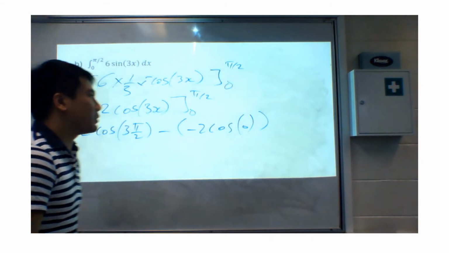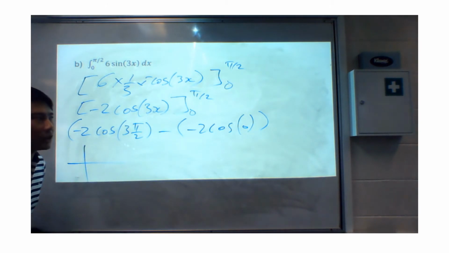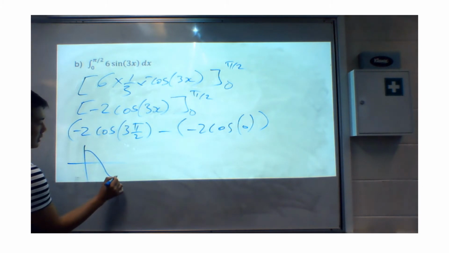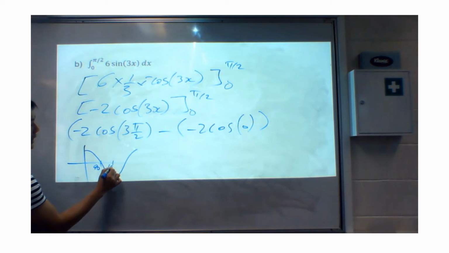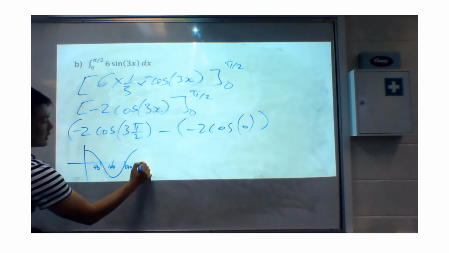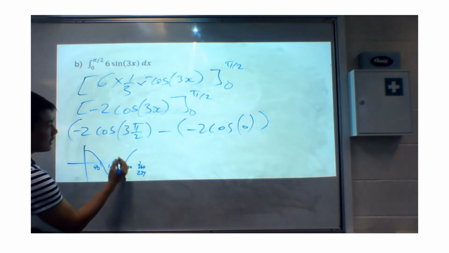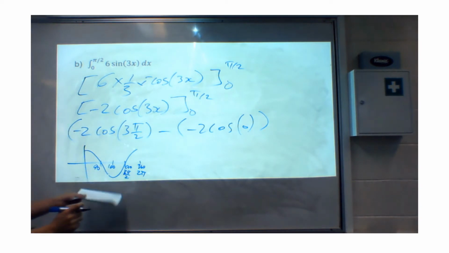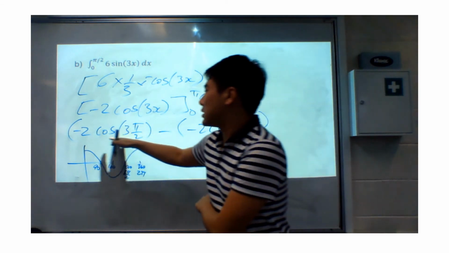Or if you think in radians, maybe you can just plot yourself. What does a cos curve look like? Well, cos starts here, and it goes back up here. This is 90 degrees, this is 180, this is 270, and this is 360. And we know 360 is just 2 pi. This will be 1.5 pi, which is just 3 pi over 2. So we know cos 3 pi over 2 is just 0.